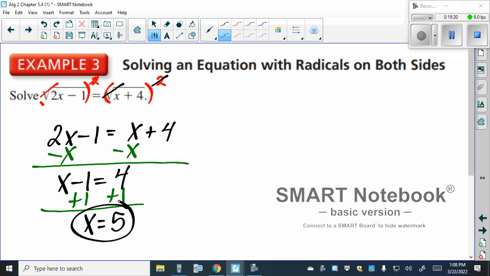That's it. It's kind of nice when we have a radical on both sides, yes? As we square it, the radicals are gone, and we're back to solving linear equations like we did in Algebra 1. But that's it. That's all we have to do for this here.